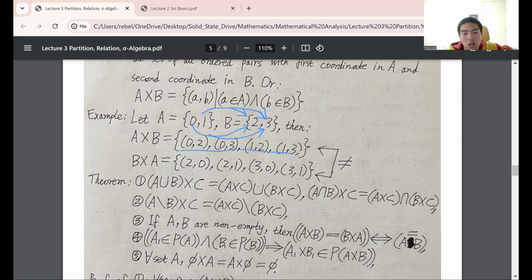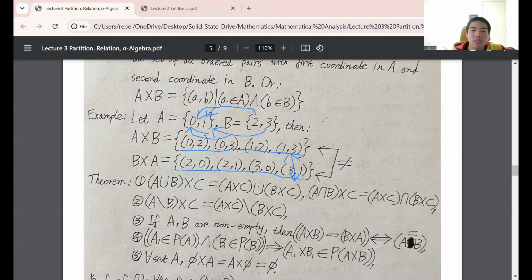So there are 4. Let's do it the other way, B times A. BA has first coordinate in B: (2,0), (2,1), (3,0), (3,1). Is it equal? No, it's not the same, because (1,3) is not equal to (3,1). Ordered pairs with different order are different.